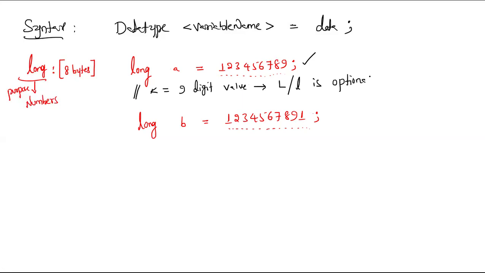Even if we don't use it, syntactically it's correct in Java. But when the programmer is trying to store data of equal to 10 or greater than 10 digits, in this scenario, if the data is a 10-digit value, then either capital L or small l is mandatory.